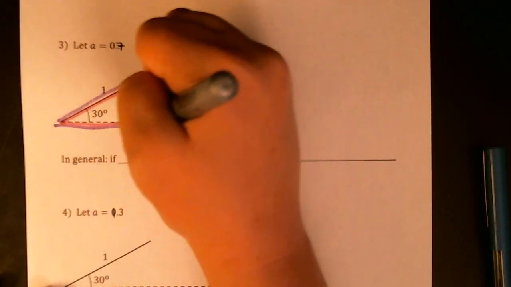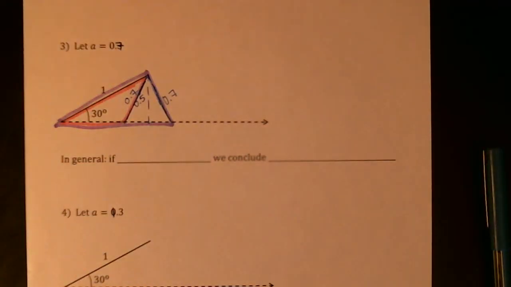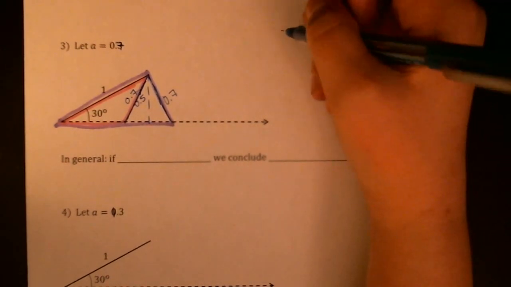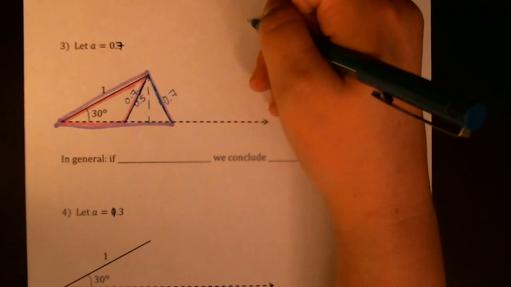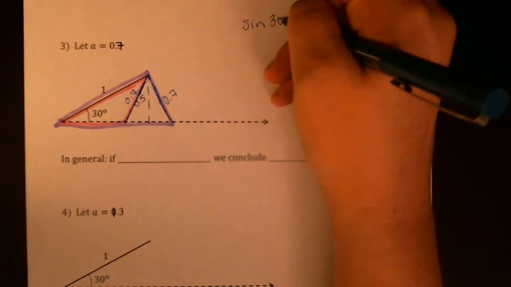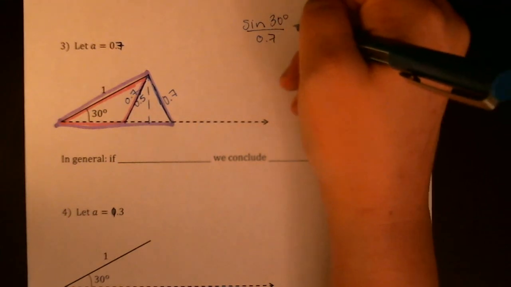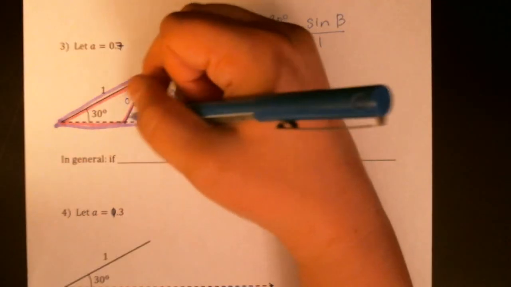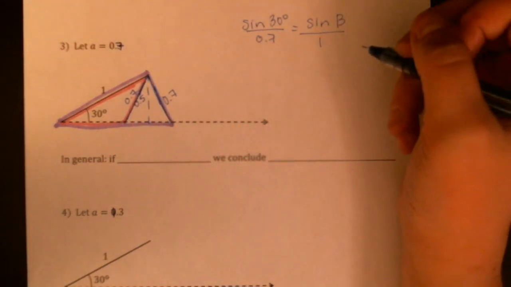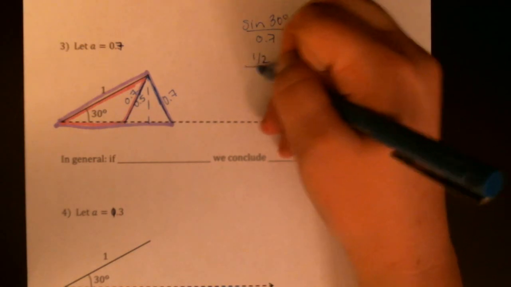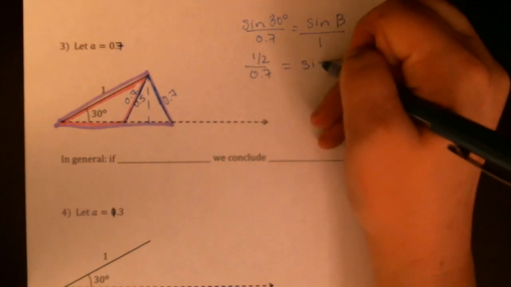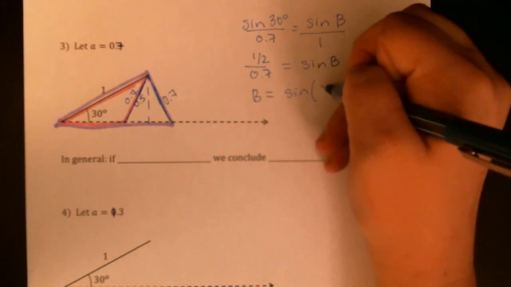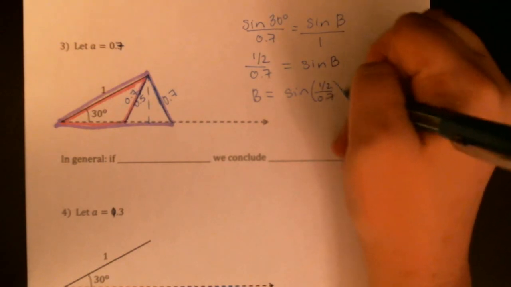And this is the ambiguous part. Two possible triangles could be described by the information that I was given in this problem. So let's just see what law of sines does with it. If I say sine of 30 degrees over 0.7 is equal to sine of B over 1, and B is hopefully going to be one of those two angles, then I get 1/2 over 0.7 equals sine B. And B should be the inverse sine of 1/2 over 0.7.